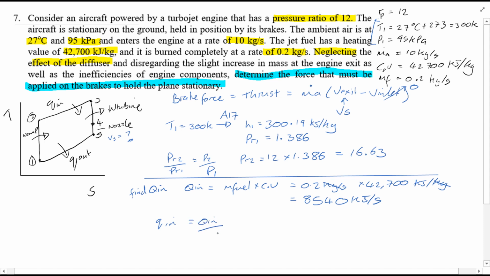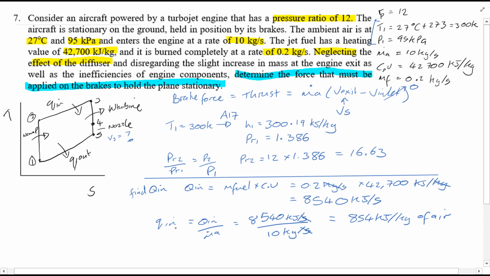So large Q in over mass flow rate is equal to 8540, which we just calculated, kilojoules per second divided by the mass flow rate of 10 kg a second, and of course we now have 854 kilojoules per kg of air. So this is Q in, this is the heat added during combustion.